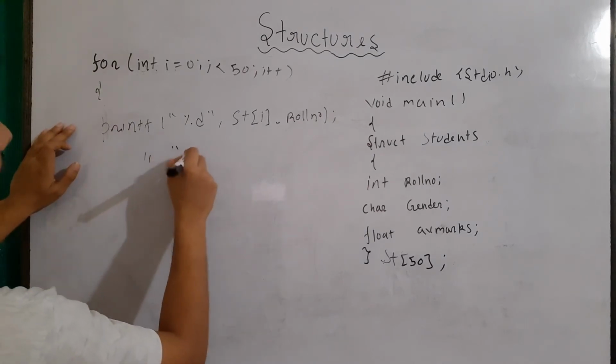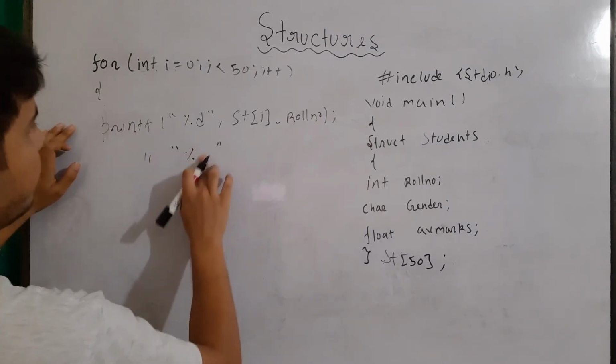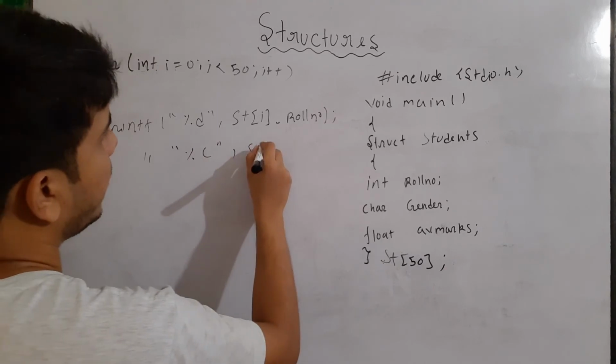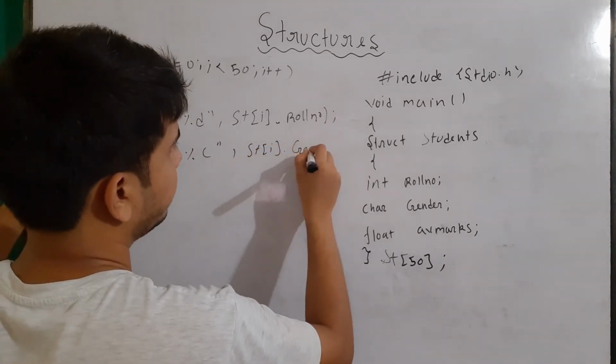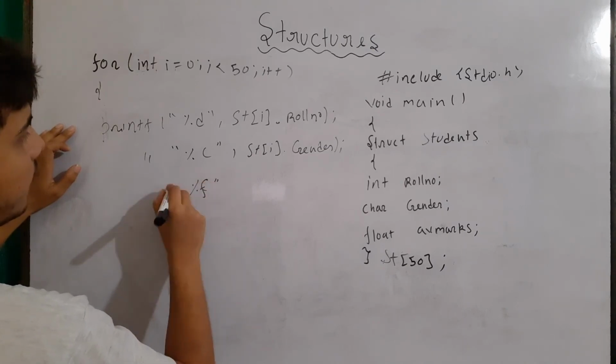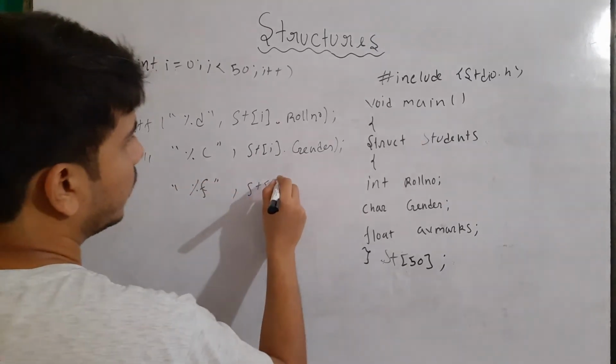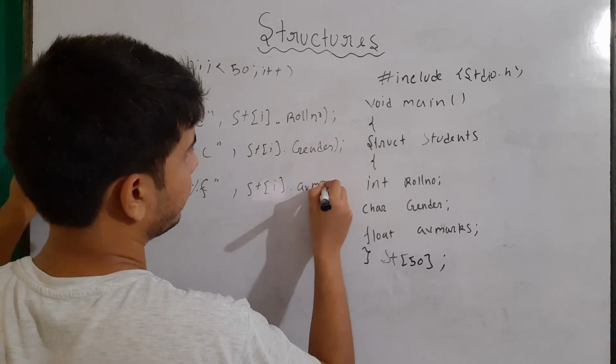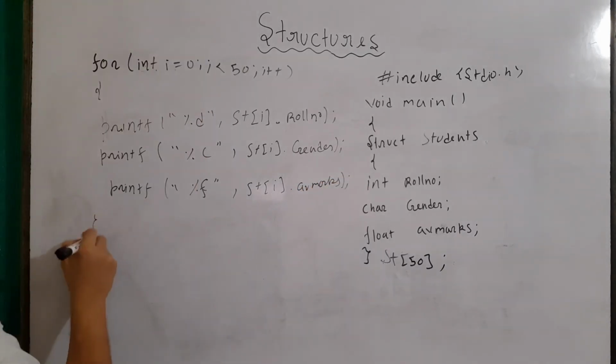Similarly printf, then %c, comma st[i].gender, right. Similarly %f and then st[i].avg marks, right, and then we close it, right.